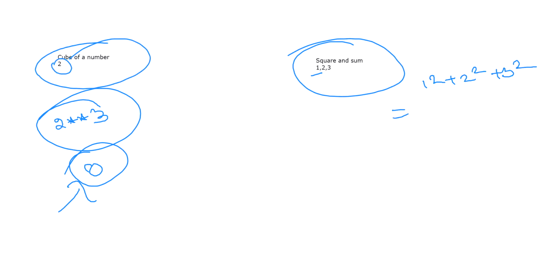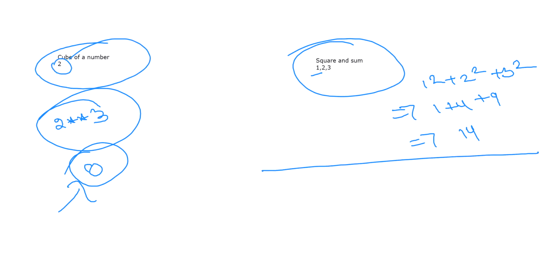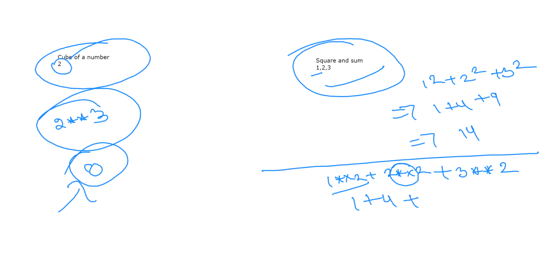Your answer is 1 plus 4 plus 9, which is 14. Now you want to write that question in code. So 1 into 1, plus 2 into 2, because this is the way to write a power in code, plus 3 into 3. So 1 plus 4 plus 9, and your output will be 14.